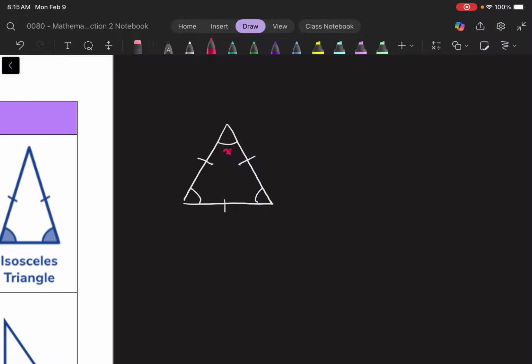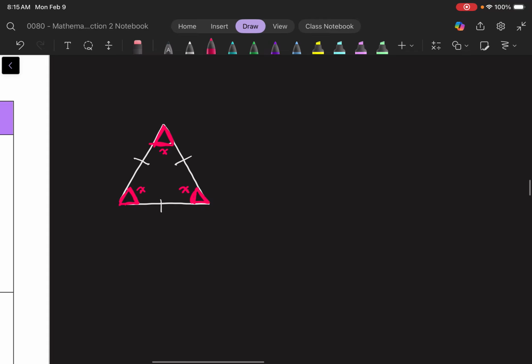They're all going to be equal in size. So if I say this angle measures x, then this angle will measure the same, and this angle will also measure the same. So I can use a little x to represent the unknown value of all three of the angles, since they're all the same anyway.